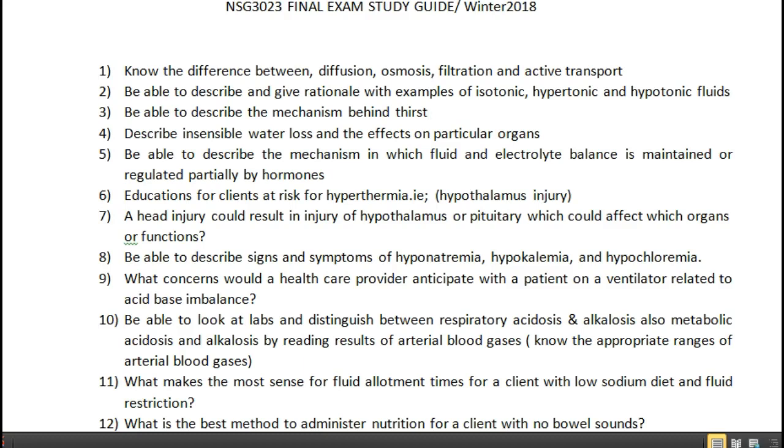Question 9, what concerns would a healthcare provider anticipate with a patient on a ventilator related to acid-base imbalance? You got a person on a ventilator, and the person has acid-base imbalance. What type of things would you potentially look for, and why?